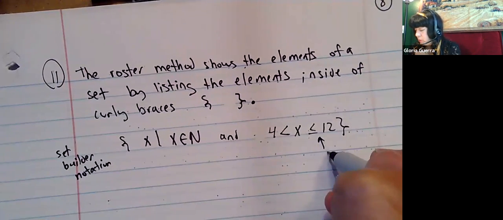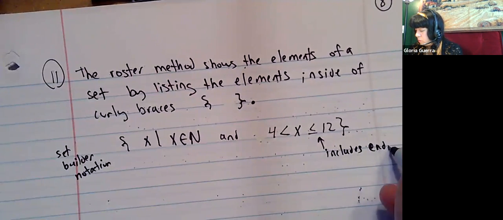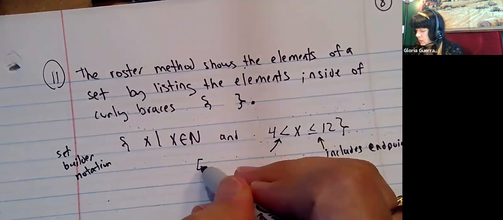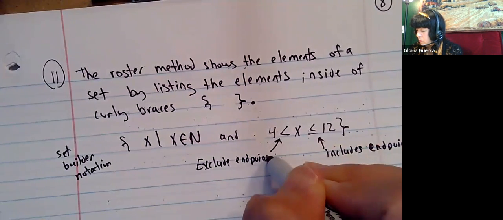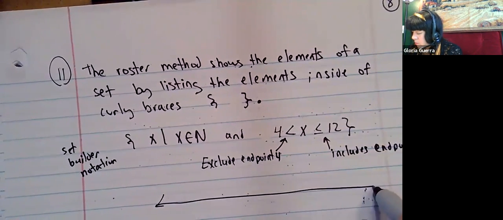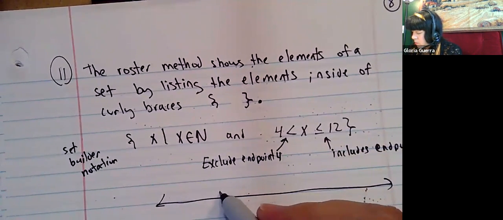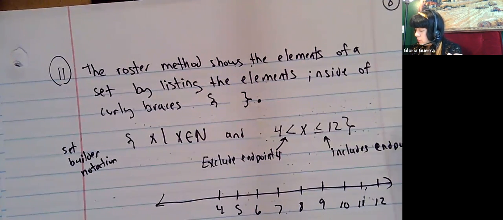So this one includes the endpoint 12, where this means that you exclude the endpoint 4. Okay, so when I draw that out, 4, 5, 6, 7, 8, 9, 10, 11, 12. Let me just do it. Let me do it longer.